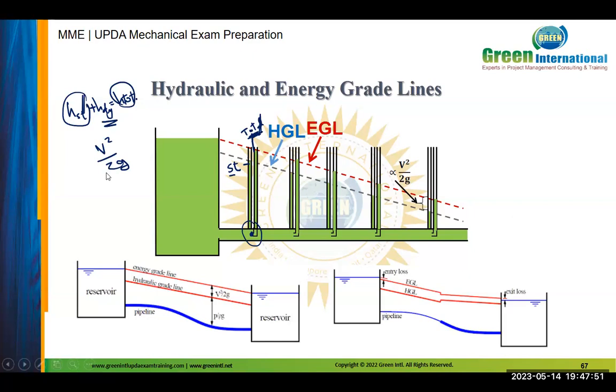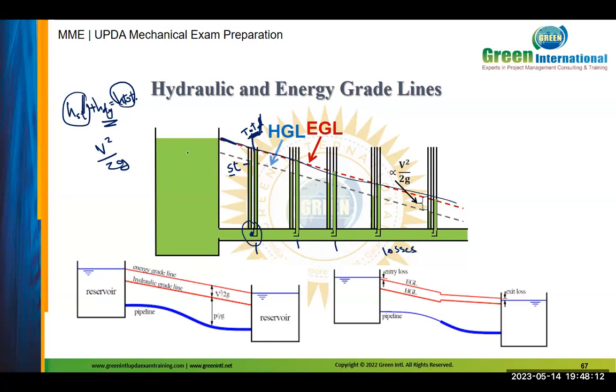If I take a Pitot tube and put it at different locations of the pipe, what will we find? The energy grid line, which refers to the total energy, is going to decay like this. Due to what? Due to losses along the pipeline.